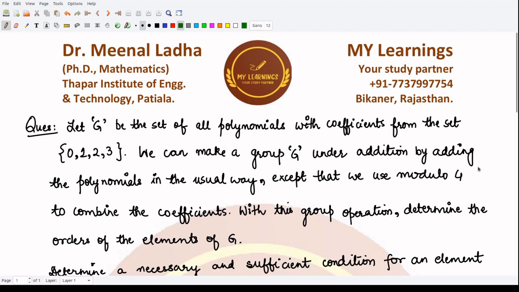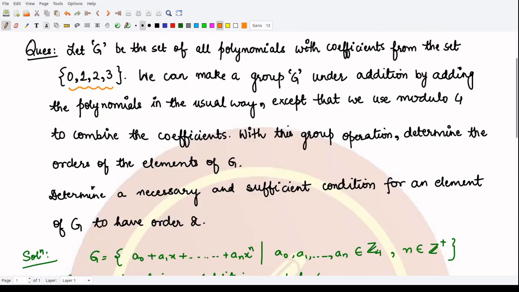In this video, we'll be solving this question which states that G is the set of all polynomials with coefficients from this set. So we have a group of polynomials of the kind a0 plus a1x plus a2x square and so on up to anx raised to power n, where n could be any positive integer because they have not mentioned the order of the polynomials.